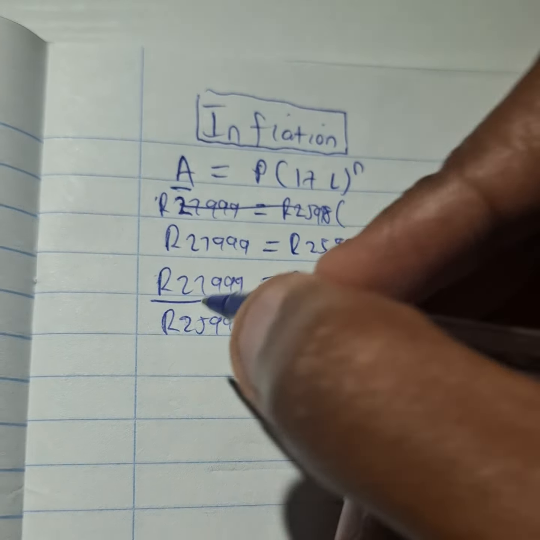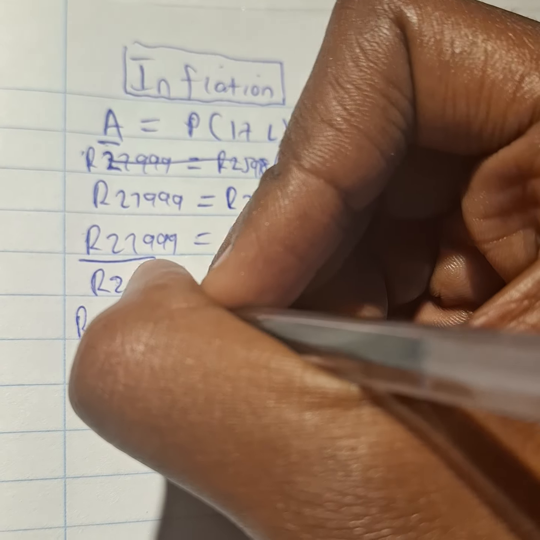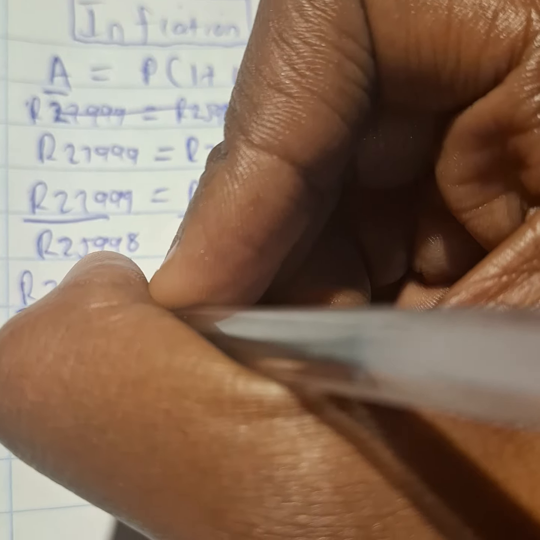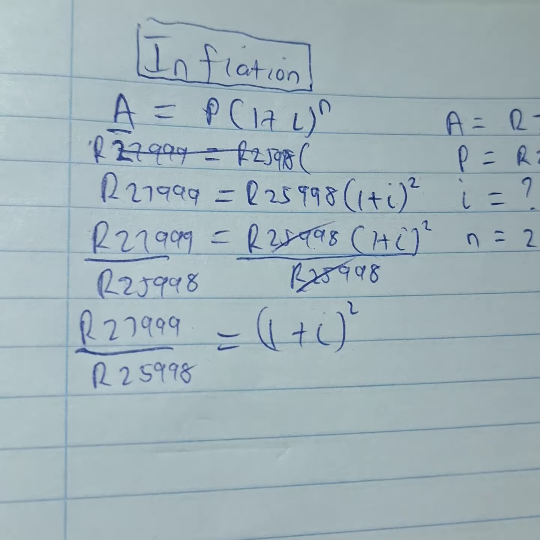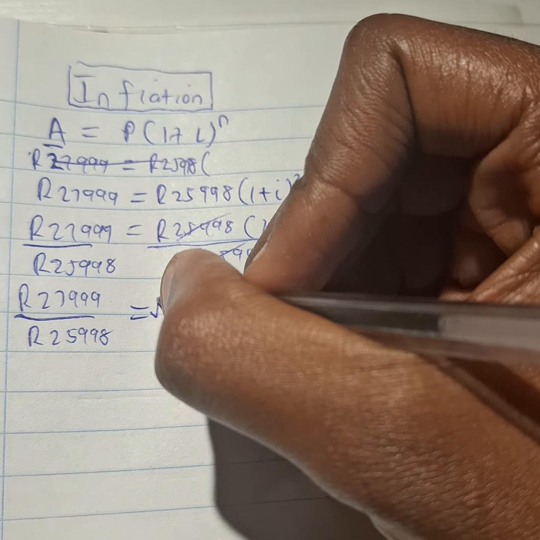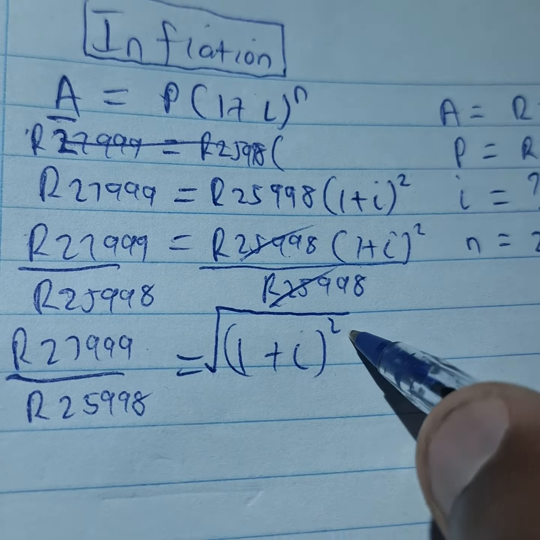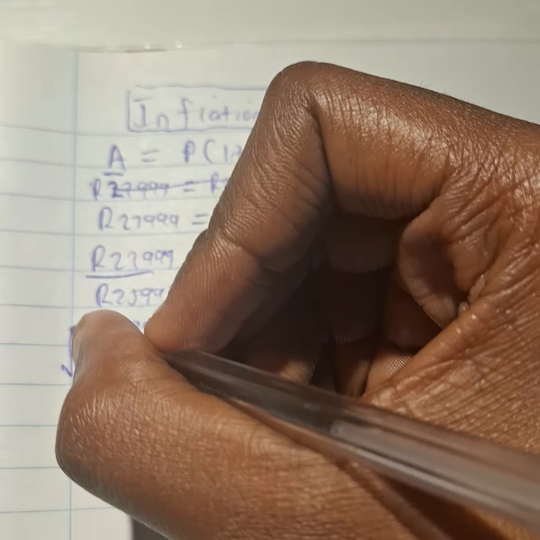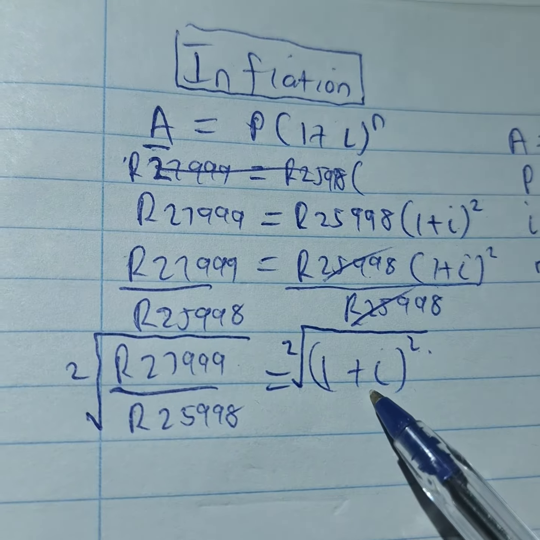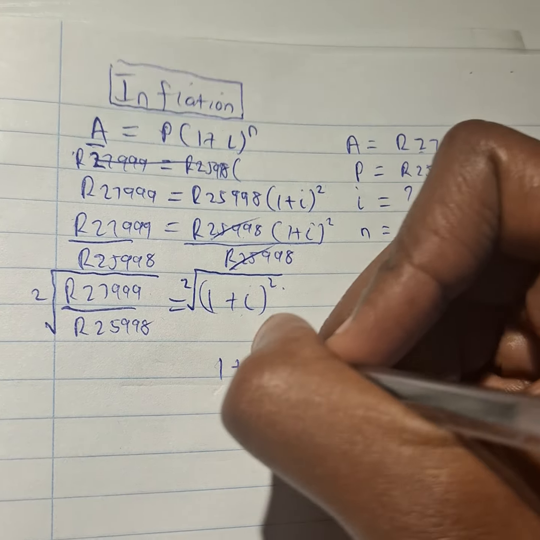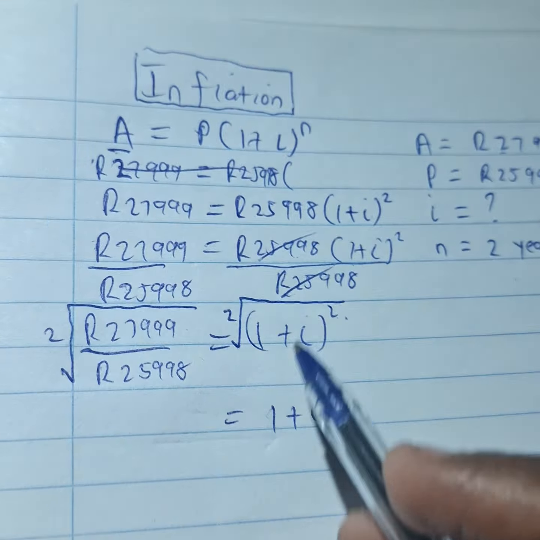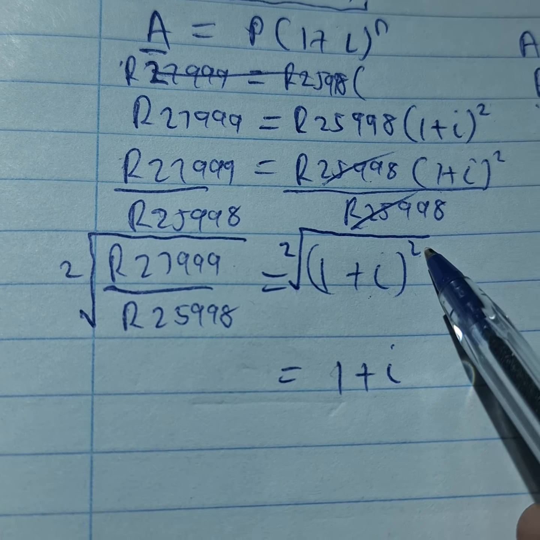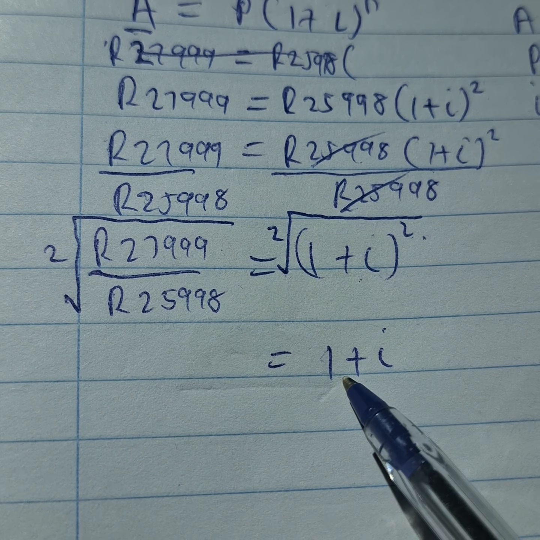Then, since it's to the power 2, we are going to take the square root. But what we do on the right, we do on the left. I hope that makes sense. Then what does that do? It removes the square. The square and the square root have an opposite effect, which leaves us with 1 plus i.